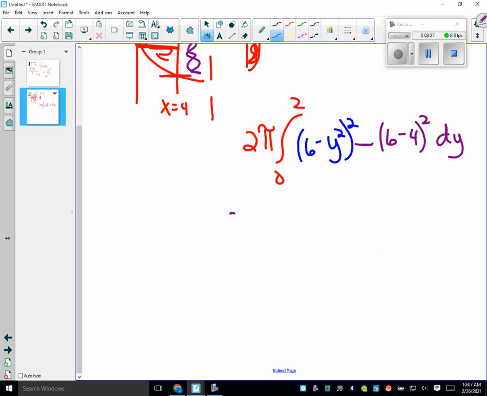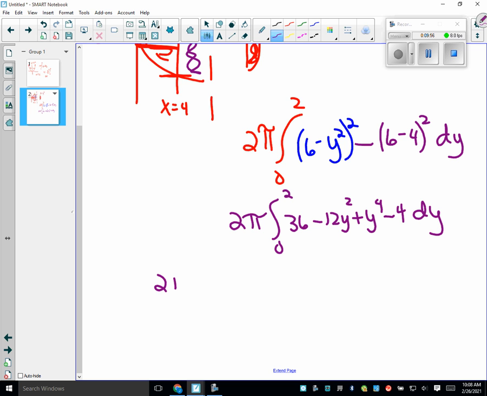So, isn't this 2 pi, 0 to 2 of 36 minus 12y squared plus y to the 4th minus 4 dy? Right?